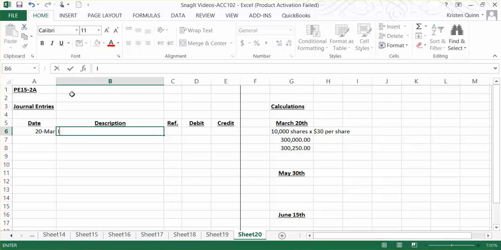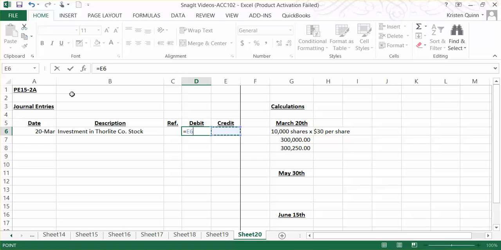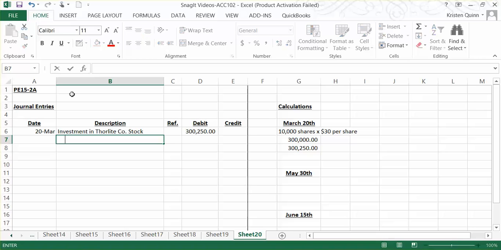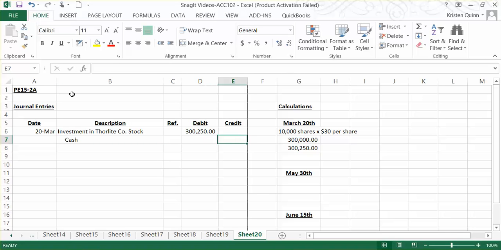So, journalize. We have our investment in Thorlite Company stock for a total of $300,250. And we purchased it with cash.